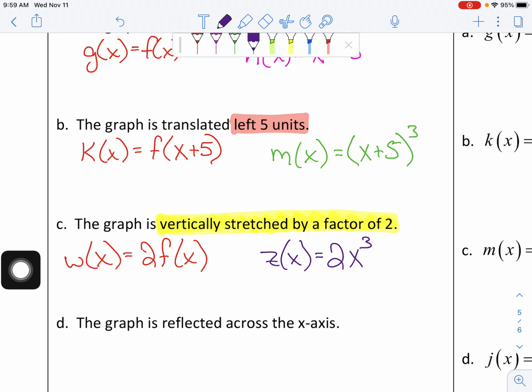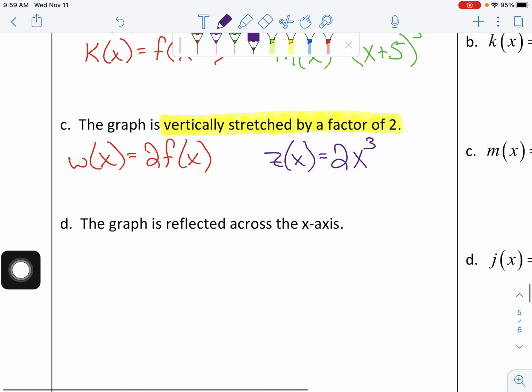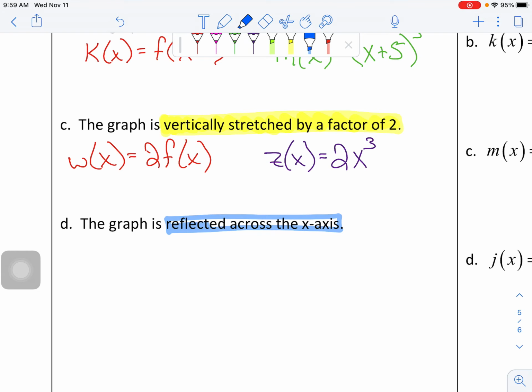All right, part D here, which is the last one for this set, we want to reflect across the x-axis. So reflecting across the x-axis is a vertical change, all right?